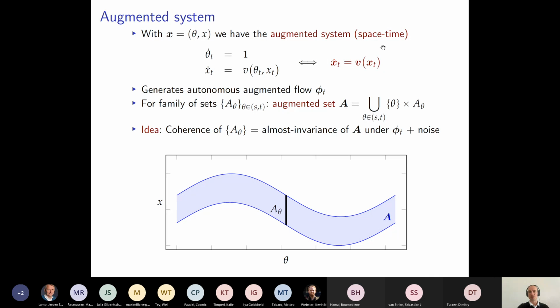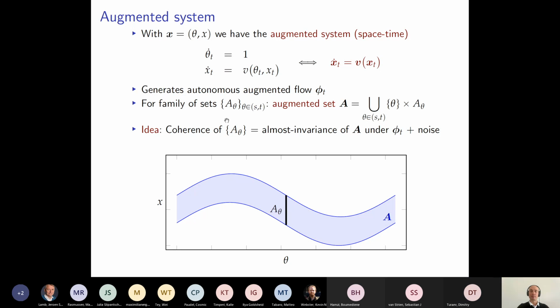So this is my augmented system, space-time. Augmented variables are going to be boldface here. So this non-autonomous ODE, with now an explicit parameter theta acting as surrogate for time, is included, and this whole thing becomes an autonomous system with an autonomous velocity field V. This generates also an autonomous flow.